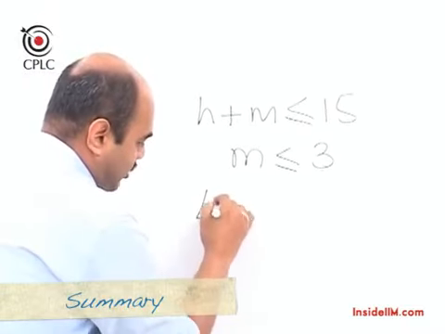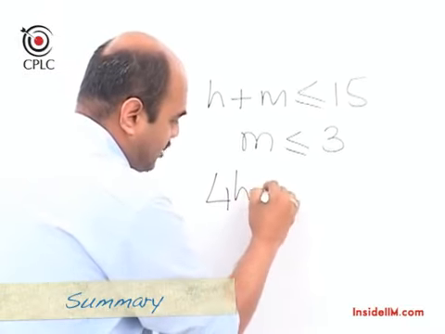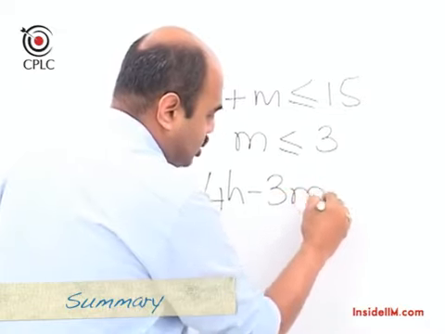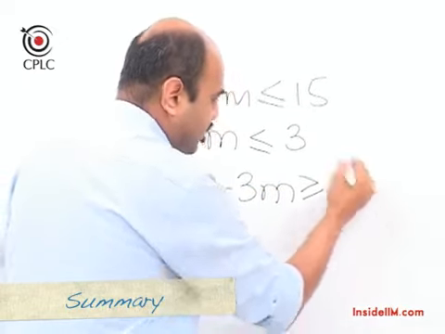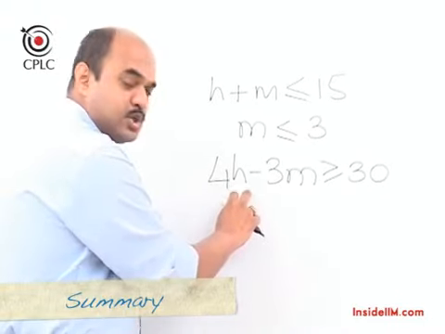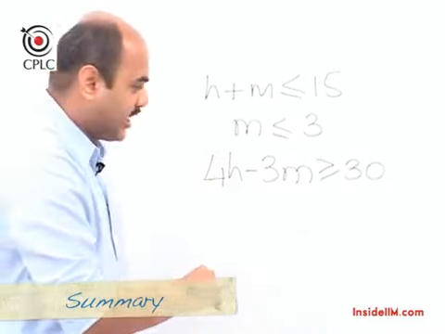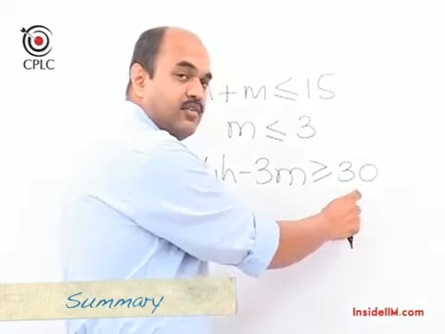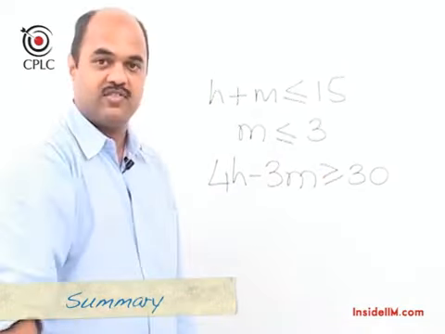And the third inequation is 4h minus 3m should be greater than or equal to 30 because I want to figure out the minimum number of times I should hit the bullseye so that I don't make a loss, so that I recover the 30 rupees that I have spent.